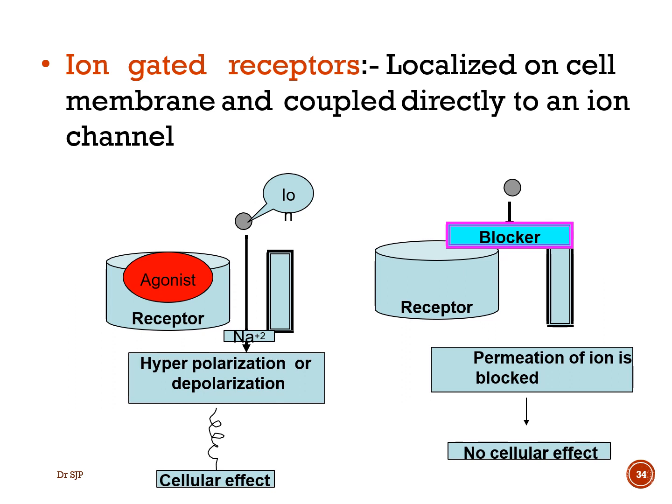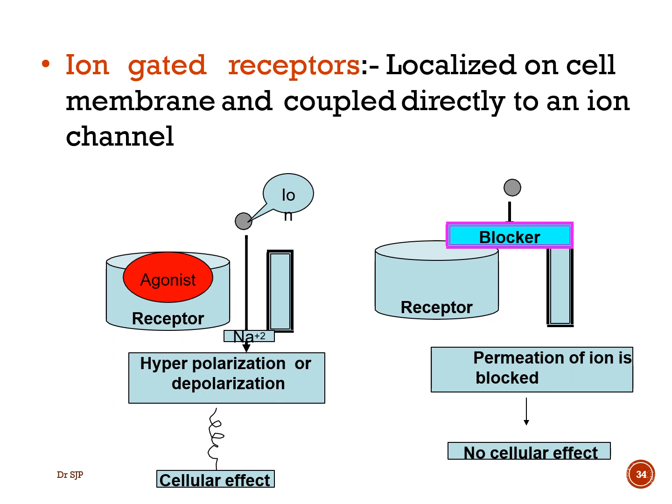The ligand gated ion channels are also known as ROCs, that is, receptor operated channels. The next entity is voltage operated ion channels, where the ion conductance is modulated through alteration in the voltage gradient across the plasma membrane.